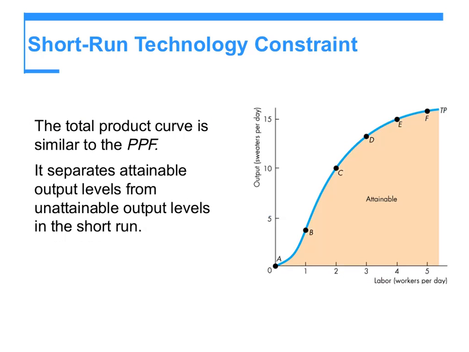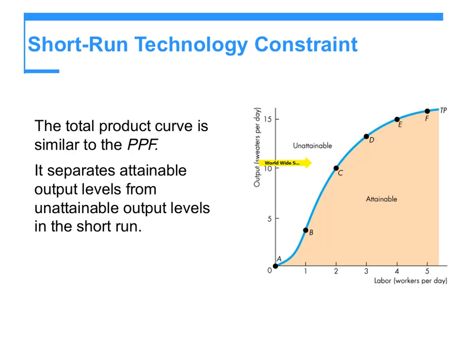Look at here, the total product curve is similar to the PPF. It's separated, and you can see here we have attainable and unattainable. Basically, we were talking about this in income, when we had customers being able to buy things.